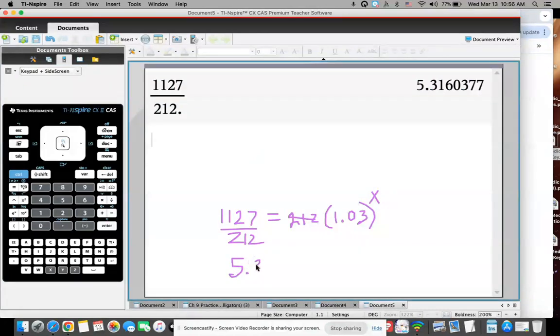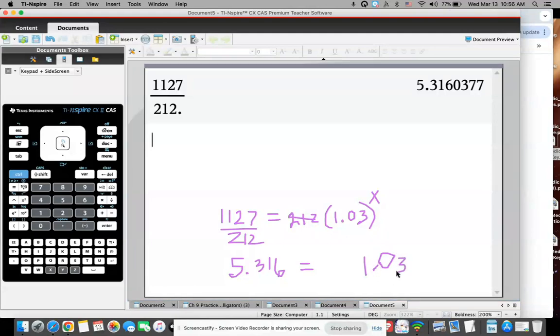5.316 equals this, right? 1.03. You'll notice I'm leaving room on purpose because I know I'm going to do the logarithm of both sides. Okay, so I just move that over. Now, to solve, I need to do the logarithm of both sides.